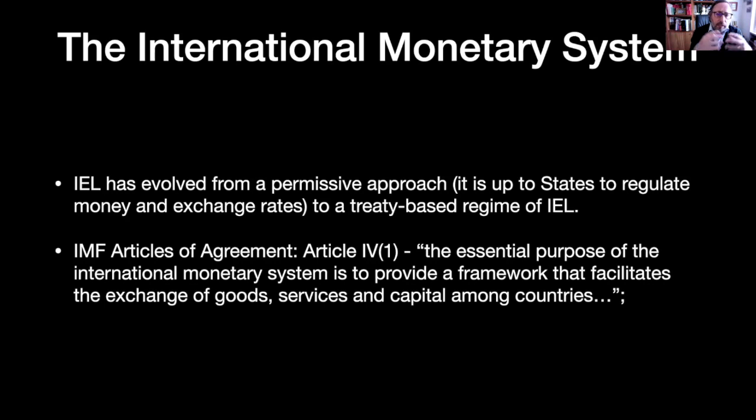So the international monetary system plays this ancillary, this supportive role to the international trade and international movements of capital.